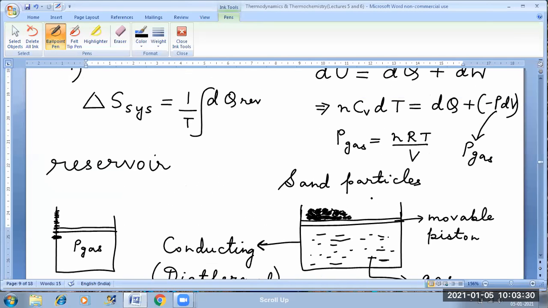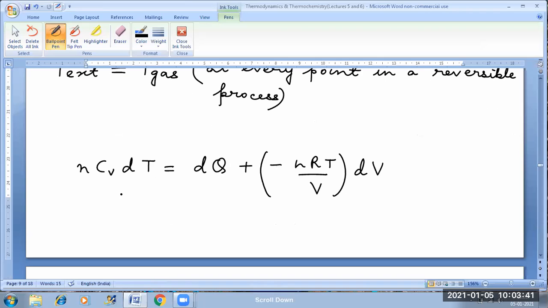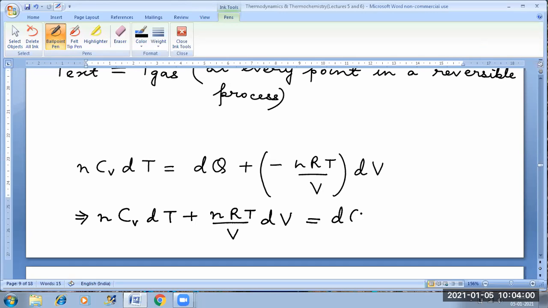Pressure P of the gas is nRT upon V as per the ideal gas equation. So I'll get this. On solving this further, I can say nCv dT plus nRT upon V dV is equal to dq.